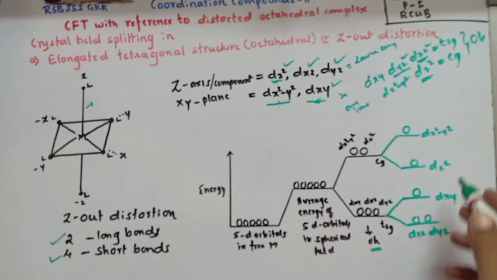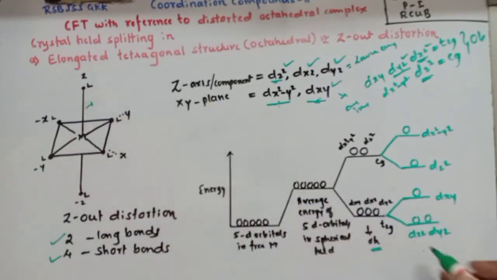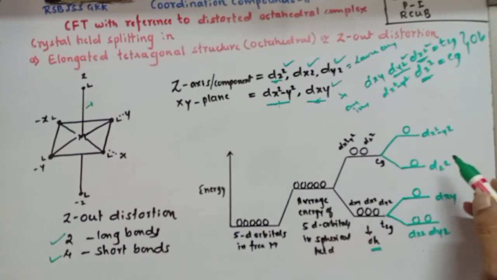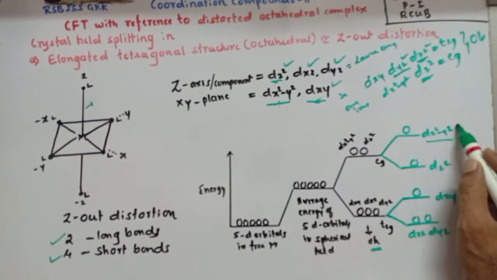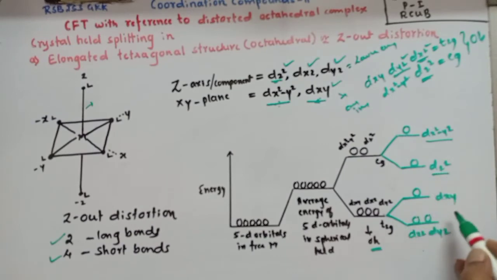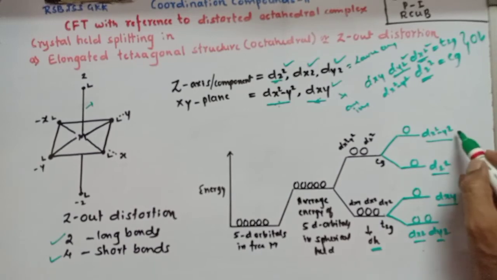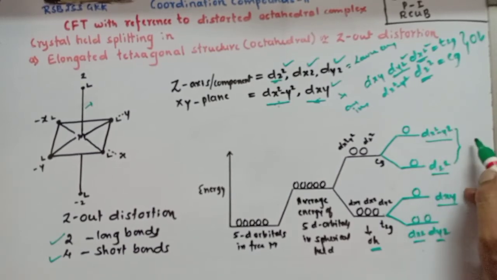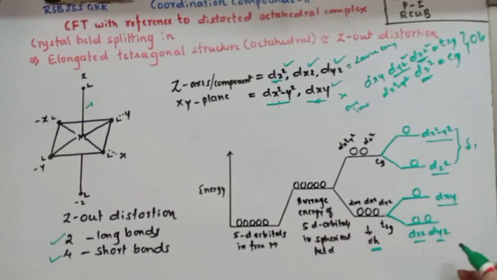So this is the crystal field splitting diagram for the elongated tetragonal structure. That means in an elongated octahedral structure, the 5 d orbitals split into dx square minus y square, dz square, dxy, and dxz and dyz. The energy difference between dx square minus y square and dz square is represented by delta 1, and between dxy and dxz, dyz it is denoted by delta 2.